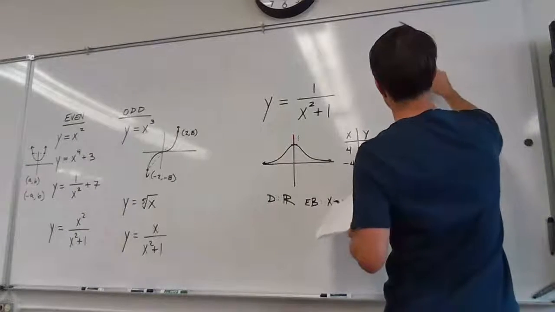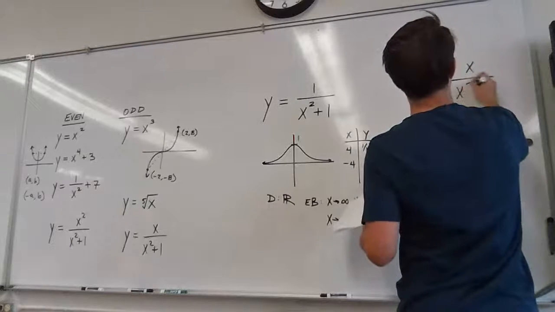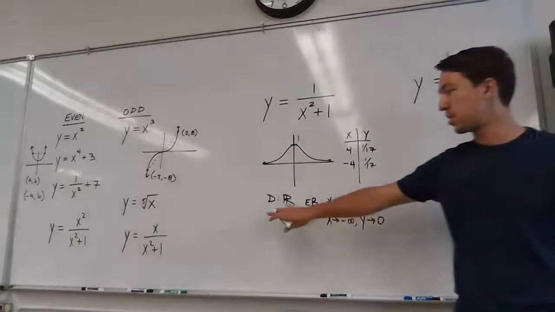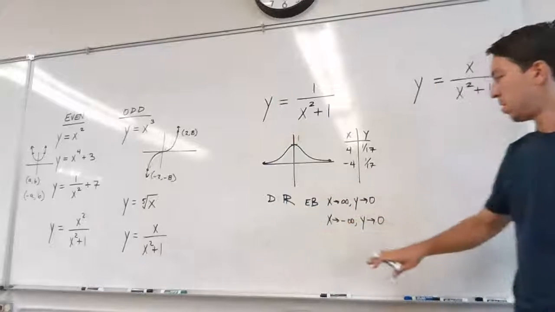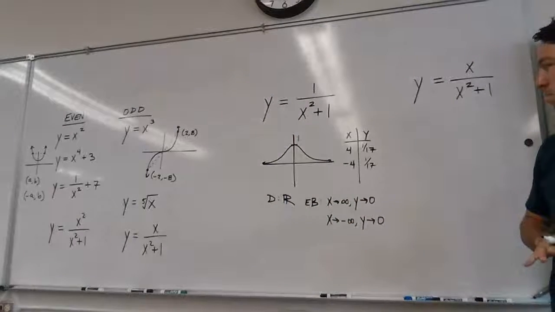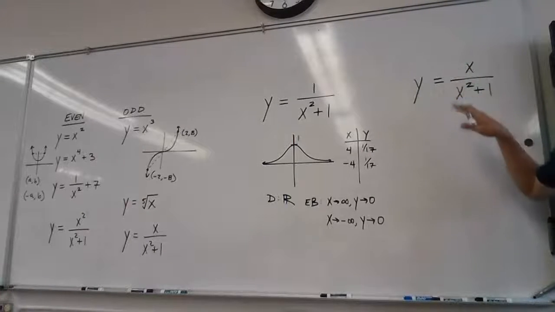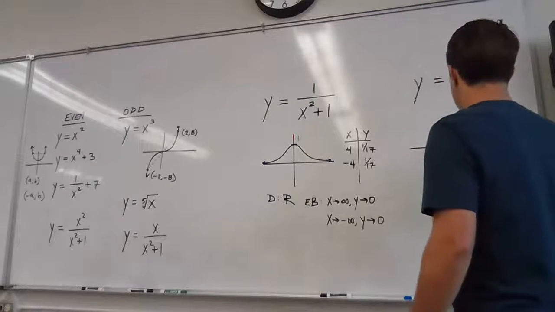What would that have to look like? A lot of similarities to the other one, right? Is the domain the same? Yeah. Is the end behavior the same? Yeah, because the bottom is a bigger degree than the top.